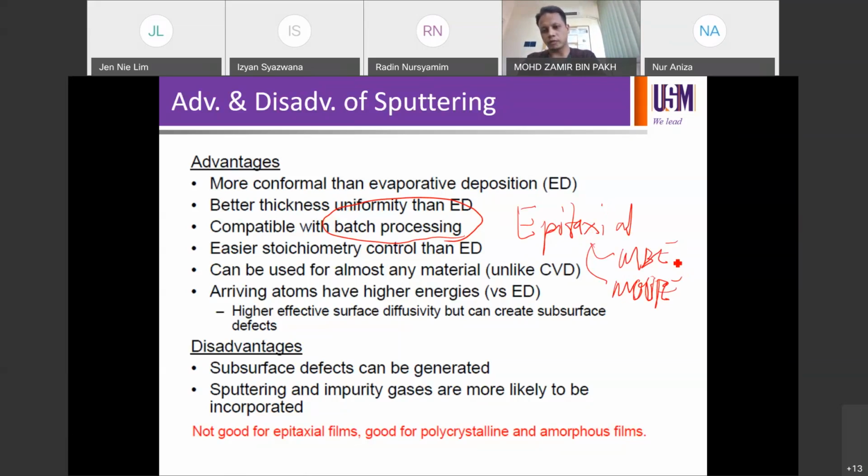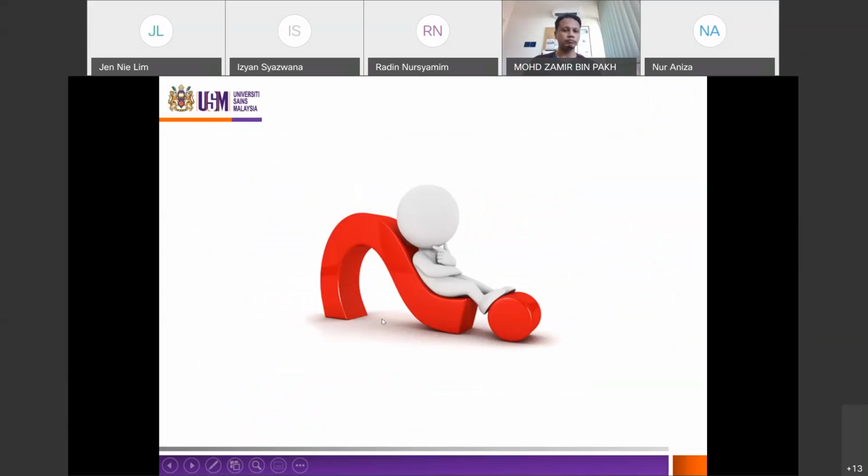So whatever you see here with E is normally an epitaxial system. So you do layer by layer deposition. If you compare that to sputtering and evaporation, sputtering and evaporation are more crude. You don't have a very good control of the deposited layer in comparison to the epitaxial process.